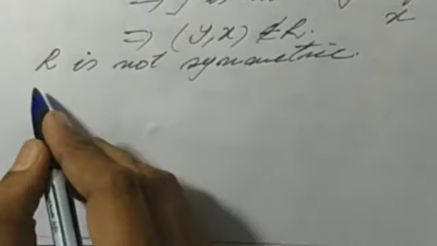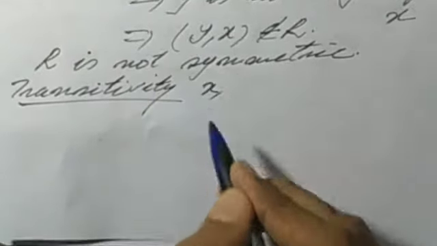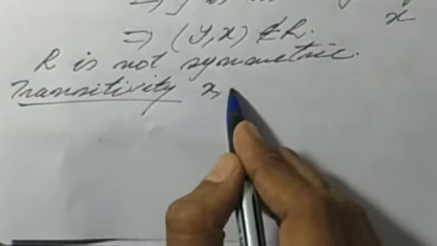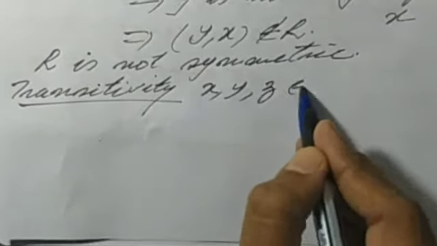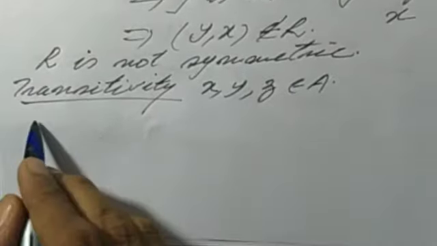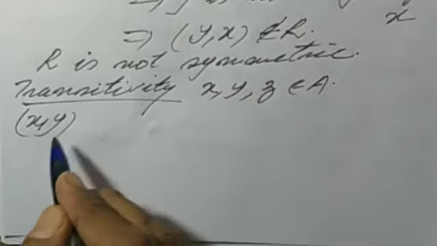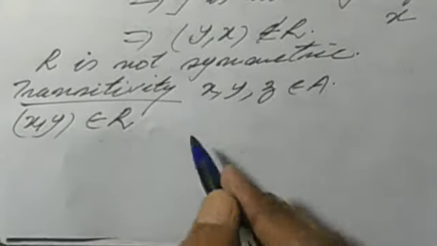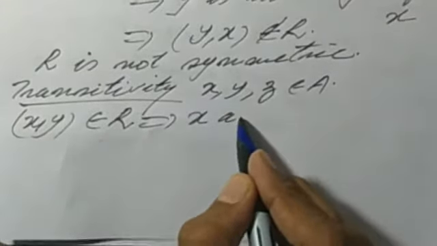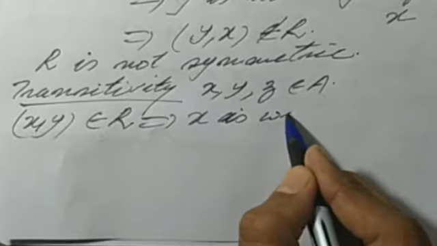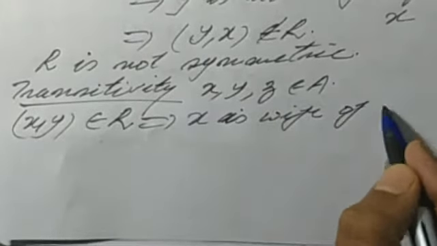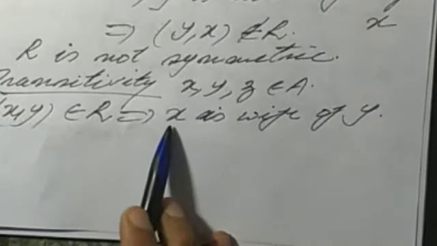Now let us talk about transitivity. Now let us take x, y, z, three arbitrary elements of domain A, such that (x, y) belongs to R. If (x, y) belongs to R, then it implies that x is wife of y. It means x must be a female and y must be a male.